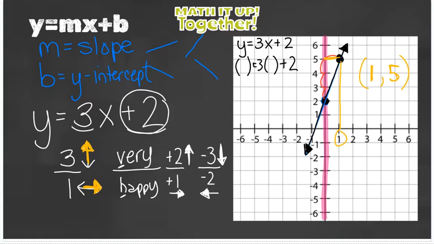So let's go ahead and plug that in. Our x is here and the x was 1. Our y is here and the y was 5. And we can see very easily this is going to work. 3 times 1 is 3, plus 2 is 5, and 5 does equal 5, which means that is a solution for our linear equation. As is every single point along this line, all the way forever and ever in both directions.